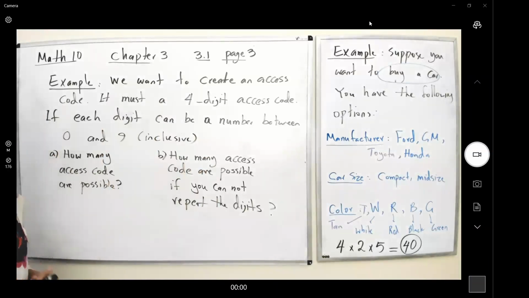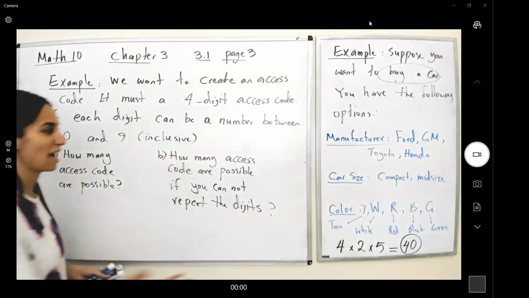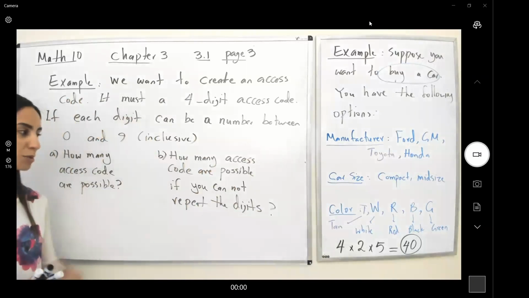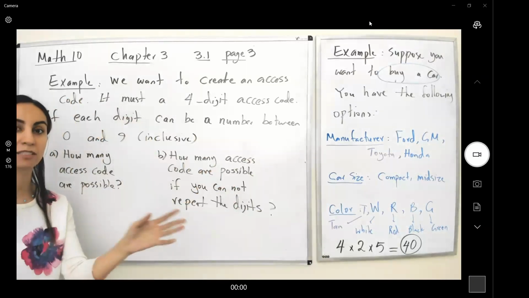Very well. How many access codes are possible if you cannot repeat a digit?